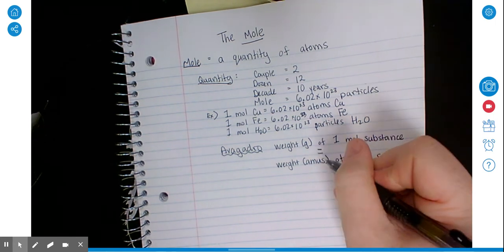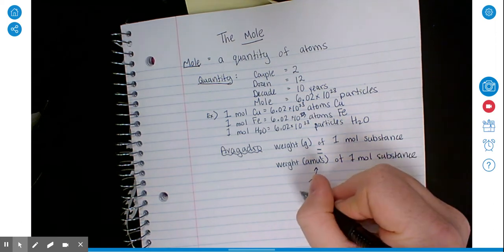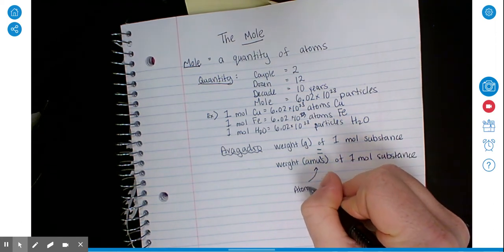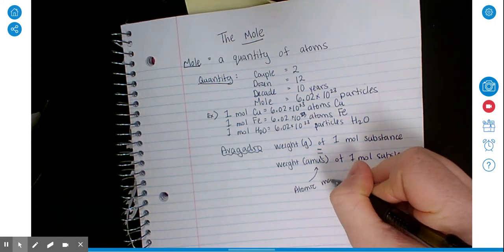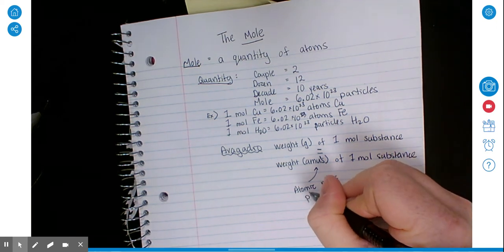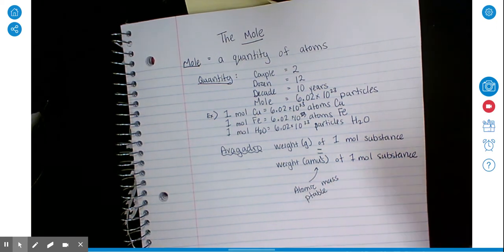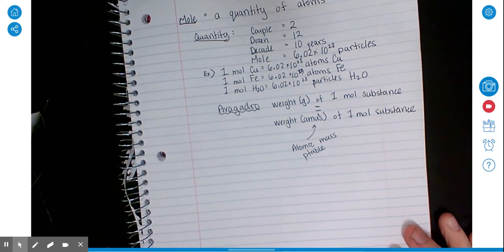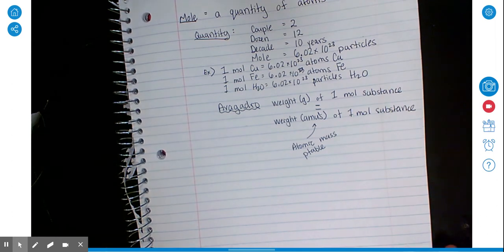If you don't remember, this weight in AMUs, that is the atomic mass on the periodic table.